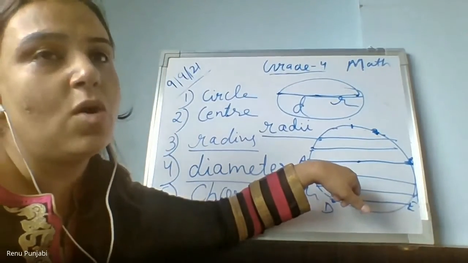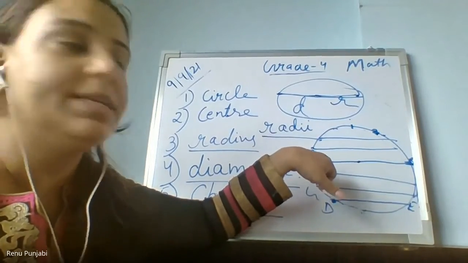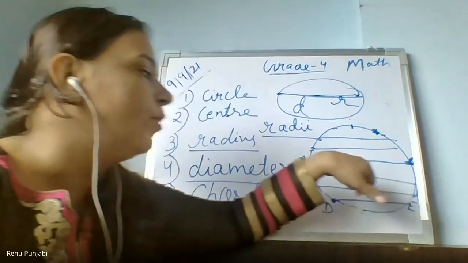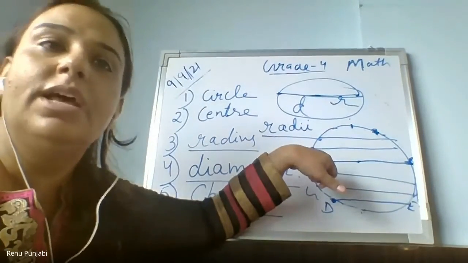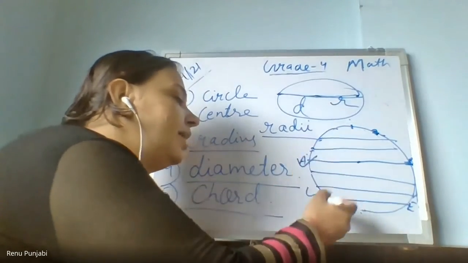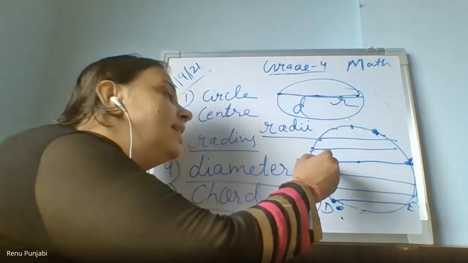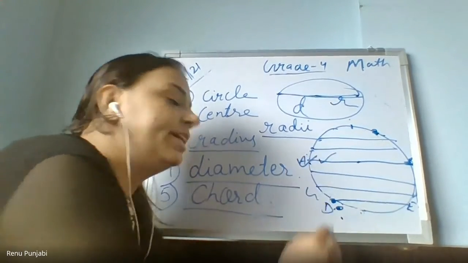Diameter can be a chord also, because what is the chord's property? The chord property says that both the endpoints are on the boundary of the circle. So diameter is following the chord's steps, but chord is not following the diameter's properties. So we can say that diameter can be a chord, but chord cannot be a diameter.